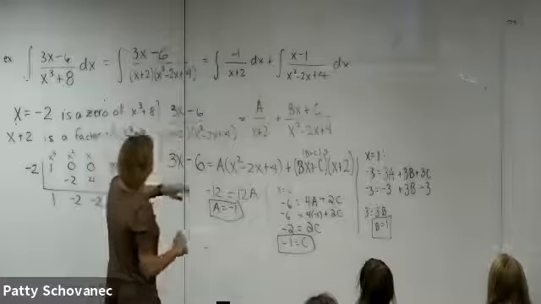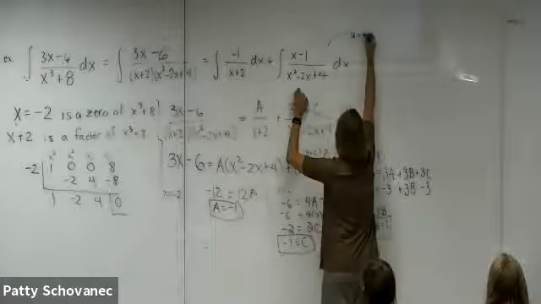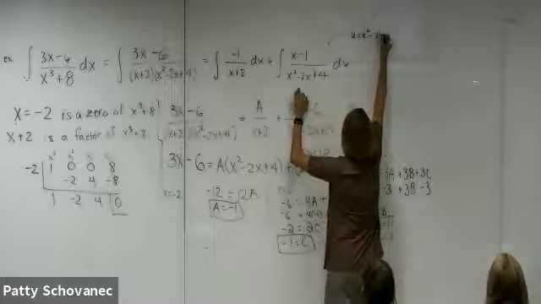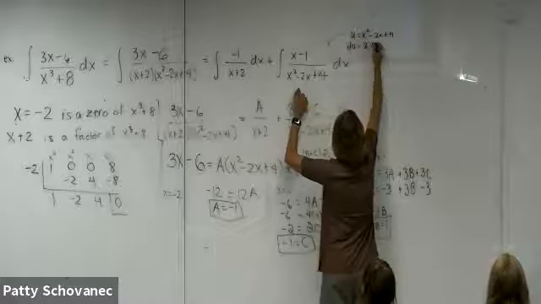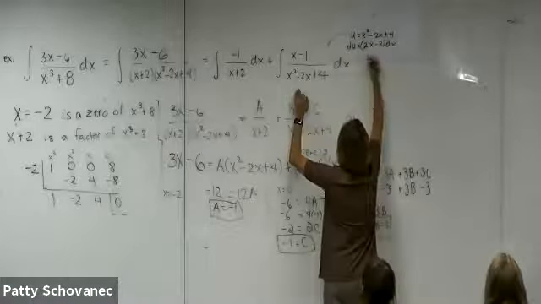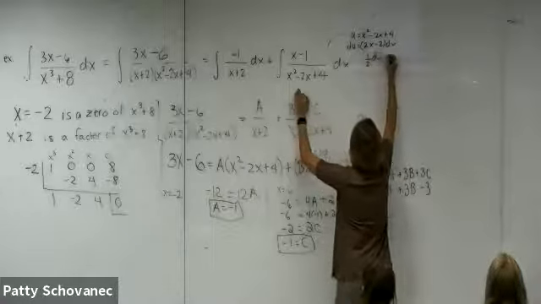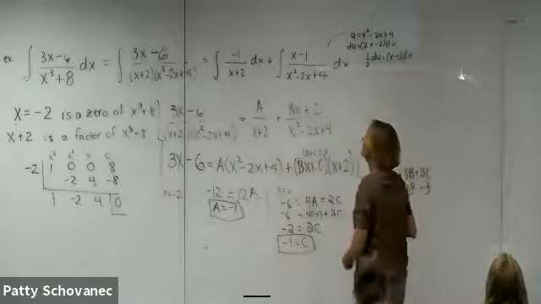But that's a UDU. We're gonna take U to be X squared minus 2X plus 4. DU is 2X minus 2 DX. So 1/2 DU is X minus 1 DX.